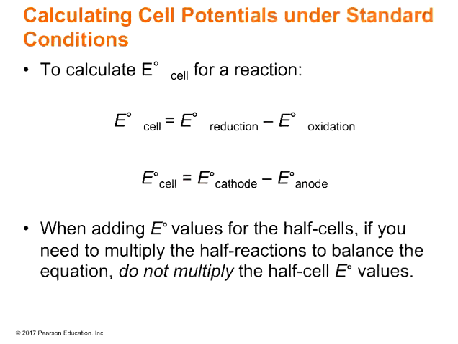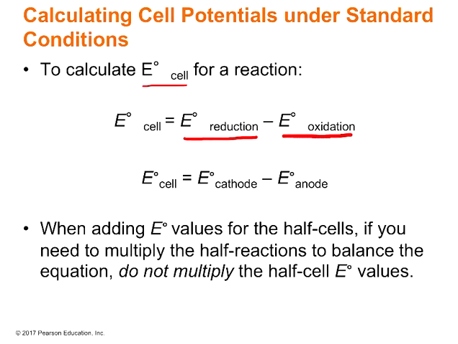All right, so now let's actually calculate the potential for a cell. To calculate E cell for a reaction, we're going to set that equal to the potential for the reduction half reaction minus the potential for the oxidation reaction.